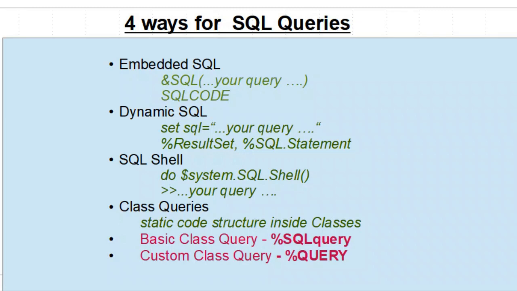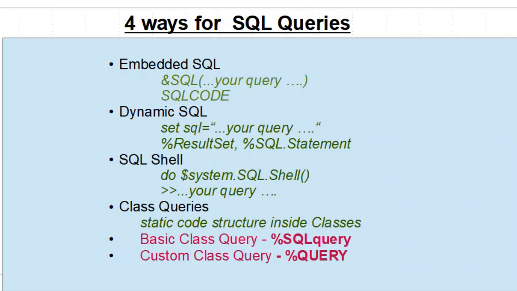The fourth variant are class queries. These are queries that are based on static code structures inside your class. This variant is often used in system code, and we see 2 versions of it.